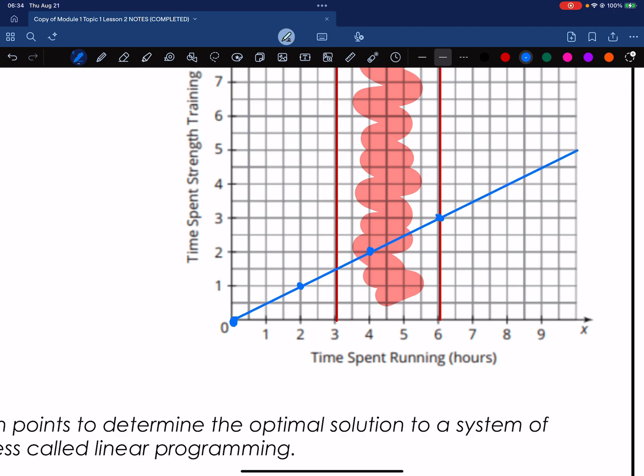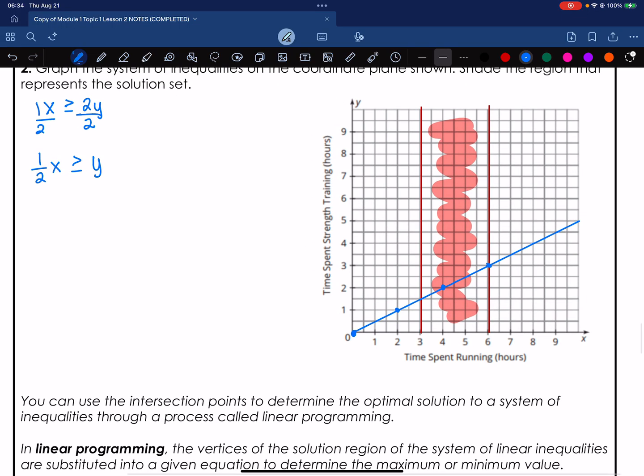And we get that. Now, to figure out our shading here, we can plug in our test point. So if we do a test point for 0, 0, oh, we can't use 0, 0 this time because our graph went through 0, 0. So what we can use instead is the point 1, 1 to help us out.